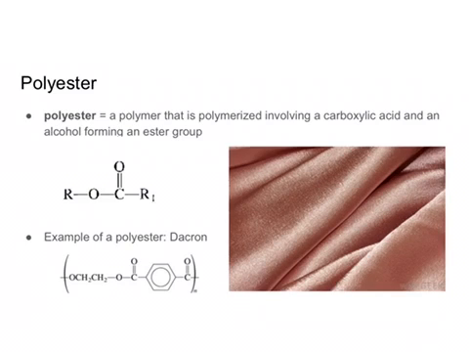An example of a polyester is Dacron, but you see the general formula of the polyester is going to be a carbon double bonded to an oxygen, but it's also attached to another oxygen that is in between a hydrocarbon group, which is what the R symbolizes, and then the carbon is also attached to another hydrocarbon group. The explanation by word might not be as helpful, but when you look at the picture as you see it there, just remember that R can be any type of hydrocarbon group.